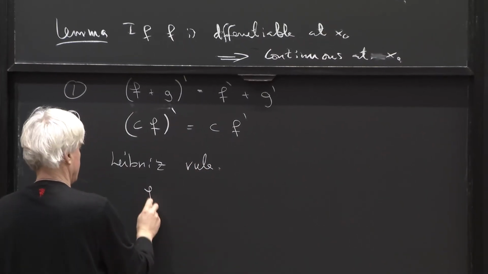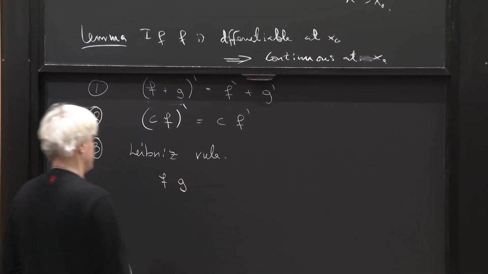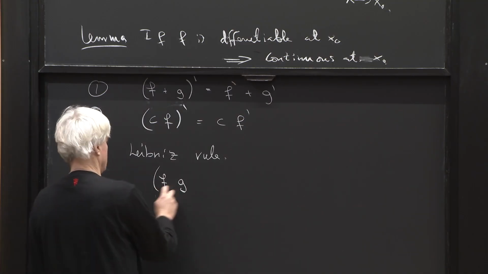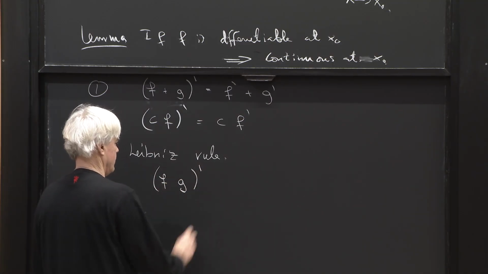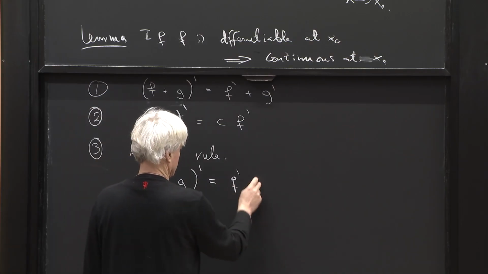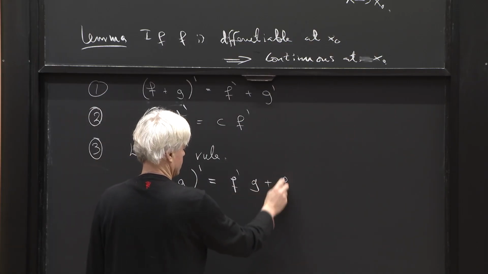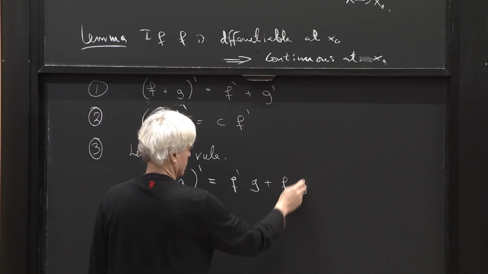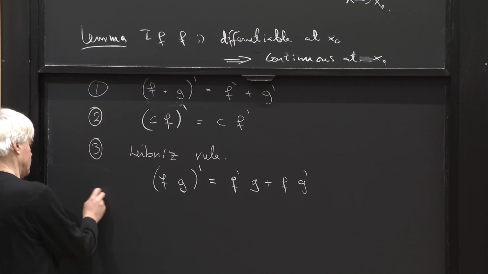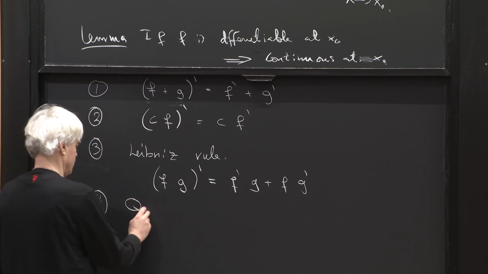And that was if you have these two functions, they're differentiable, and you take the product and you take the derivative, that exists and is equal to the derivative of the first times the second plus the first times the derivative of the second. And then the fourth of these was the quotient rule.